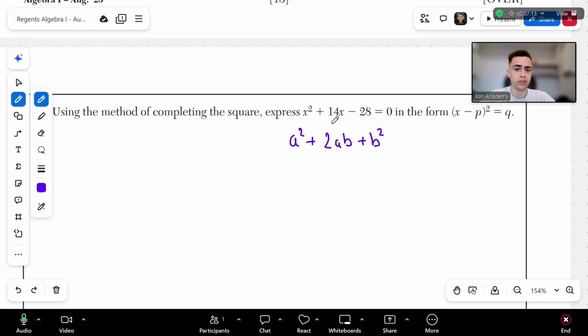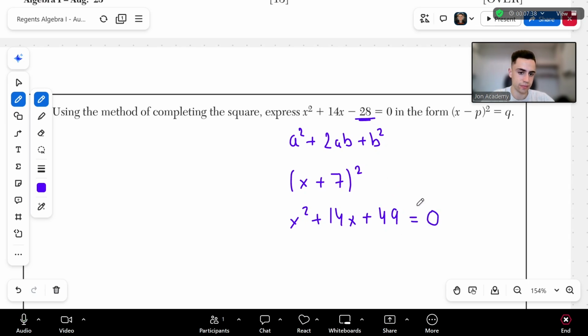So we can already see it's going to be something like x plus 7 squared, because this equals x squared plus 14x plus 49. But instead of 49, we have minus 28.